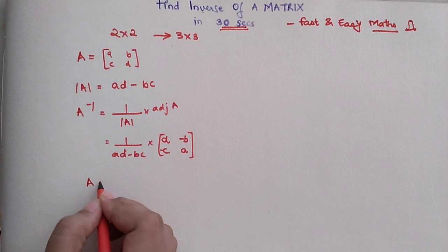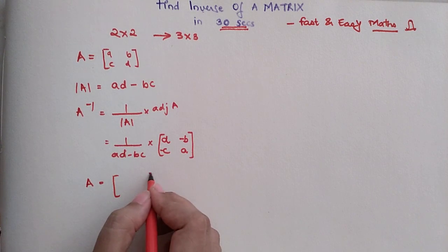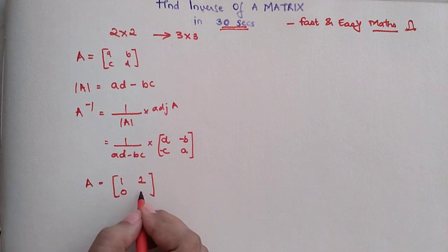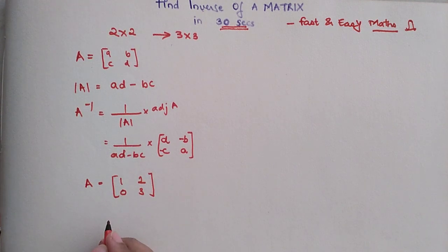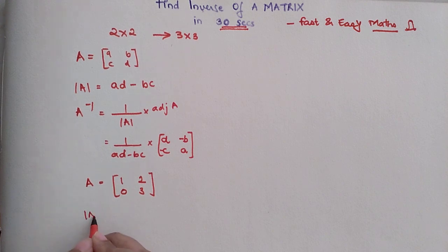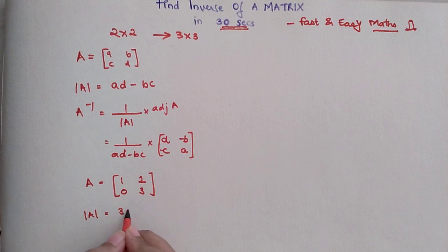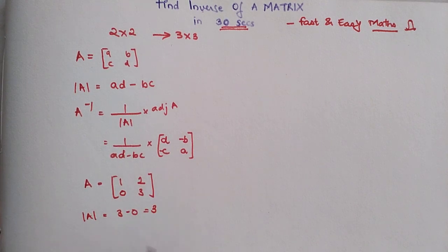Let's say the value of A is nothing but [1, 2; 0, 3]. Now we first find the determinant, so that's nothing but 3 minus 0, which equals 3.